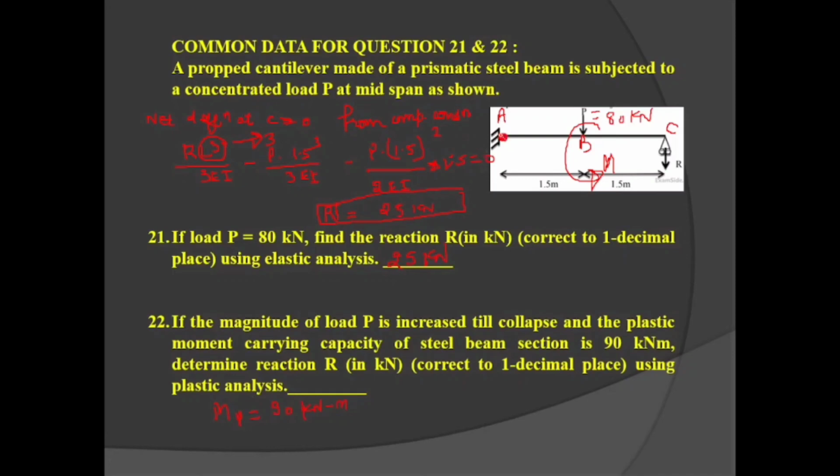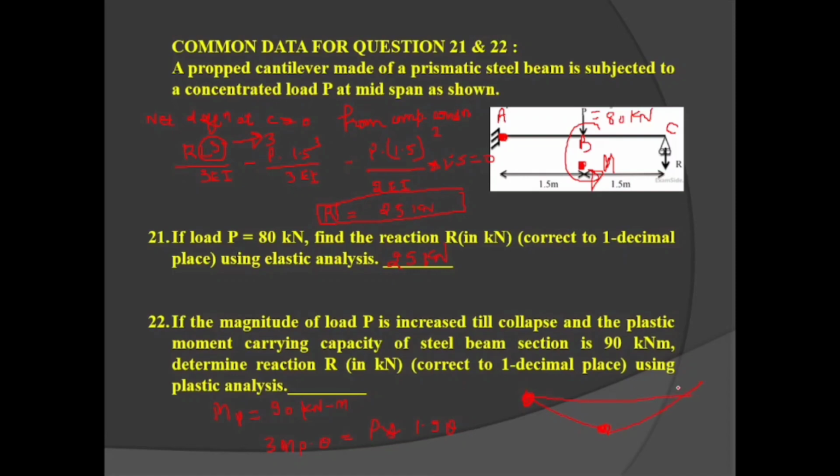One there and one here. So this is MP into theta plus theta, this is MP into theta. So 3 MP into theta must be equal to P into the lateral deflection, 1.5. Let's make the collapse bending moment diagram.